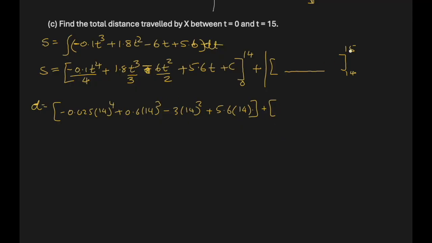But here we will need exactly this, with substitution 15. So minus 0.025 times 15 to the power 4, and we have to find the absolute value of this, plus 0.6 times 15 cube, minus 3 times 15 square, plus 5.6 times 15, minus whatever I get from substituting 14, which I've already done.